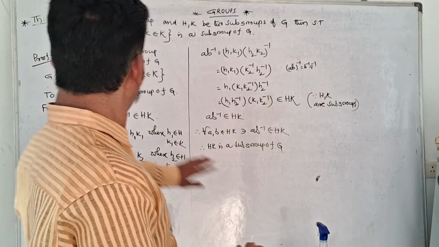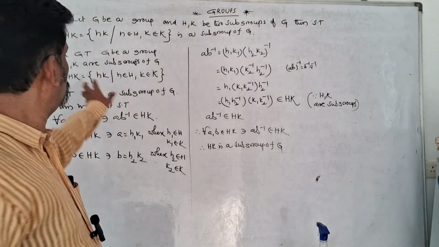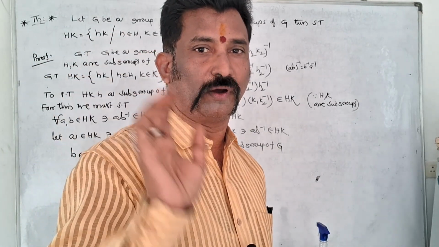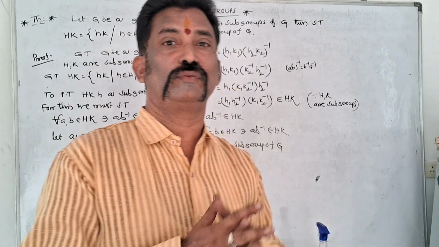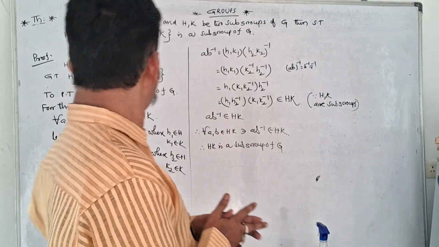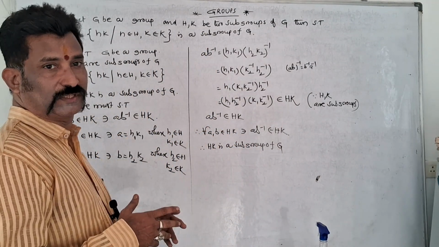So to prove that HK is a subgroup of G, we must show that for all a, b belonging to HK, ab inverse belongs to HK.